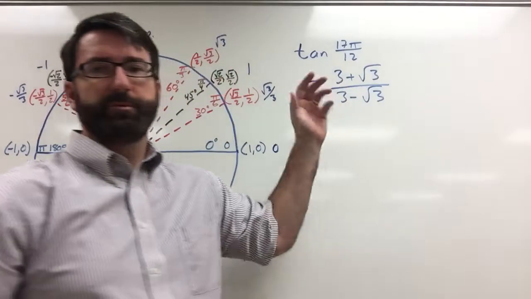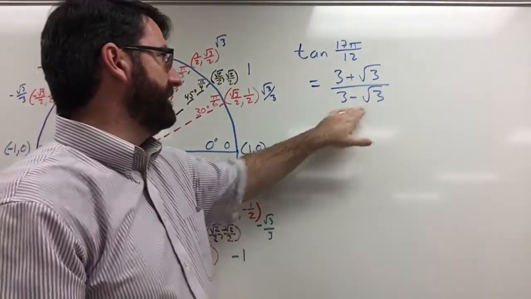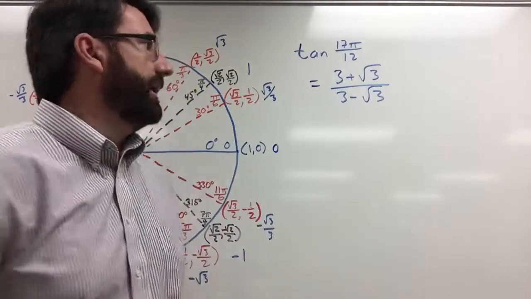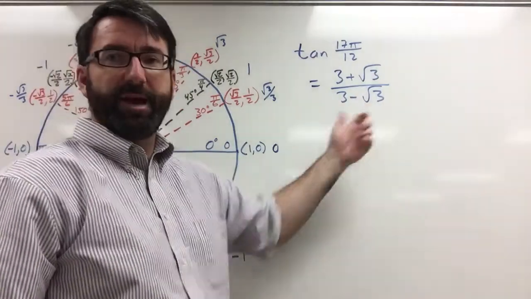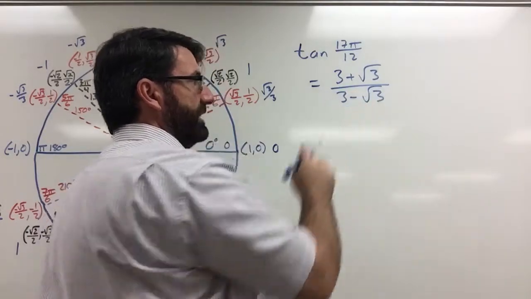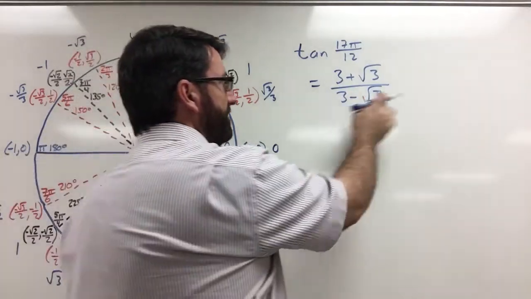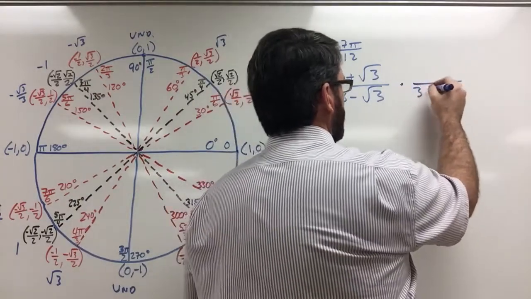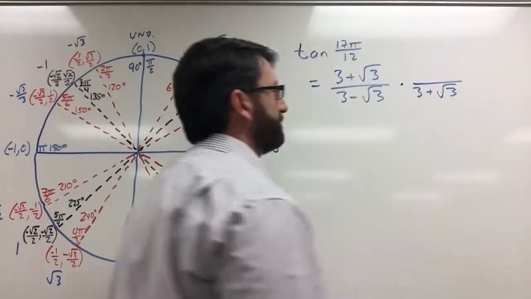All right, to rationalize a denominator when you've got a binomial like this, you've got two different terms, you're going to multiply by the conjugate. So this same thing, only with a different sign. So instead of 3 minus square root of 3, we've got to multiply that denominator by 3 plus the square root of 3.